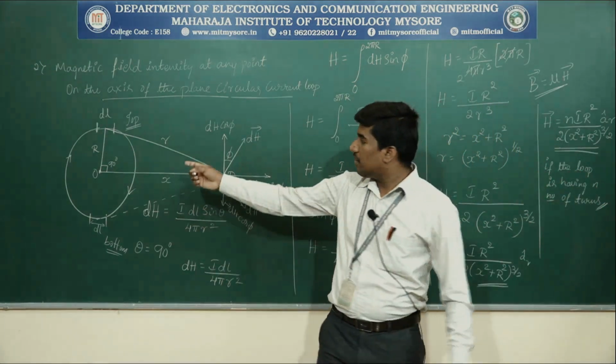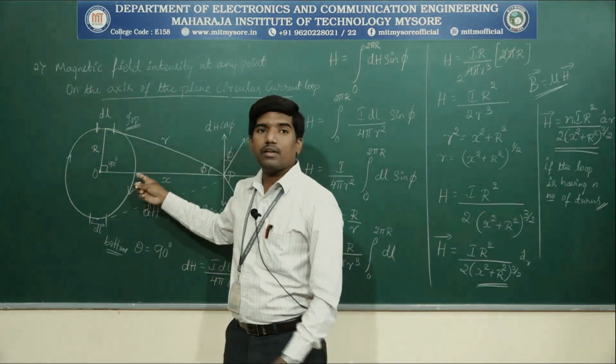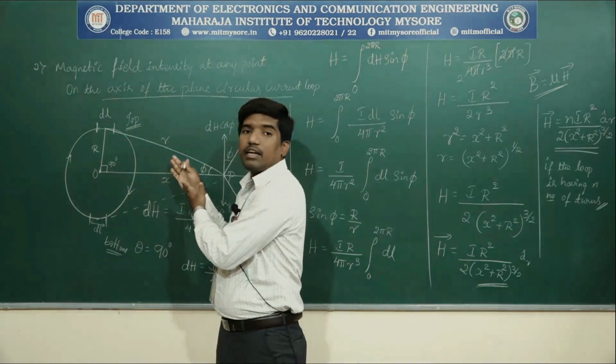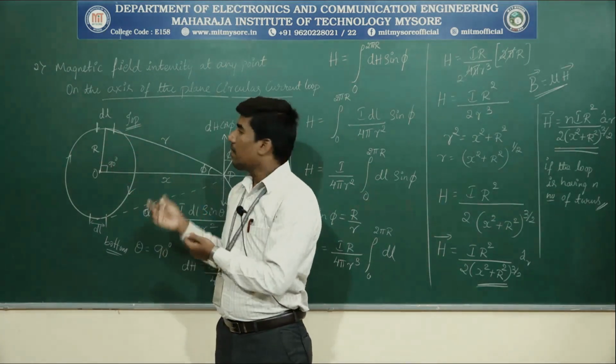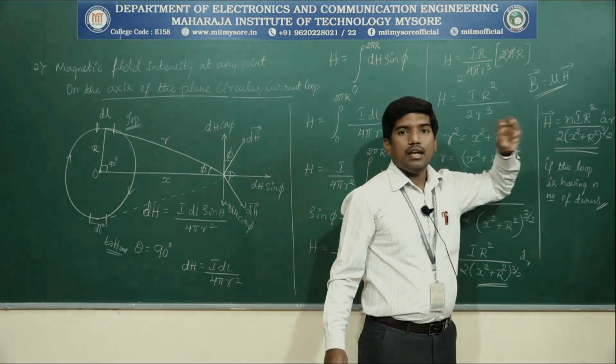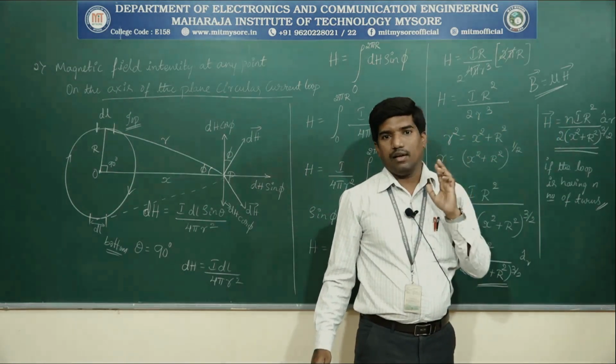If this current loop is having n number of turns, that is, if it acts like a coil of n number of turns, then this equation holds good, where n represents the number of turns in the coil.